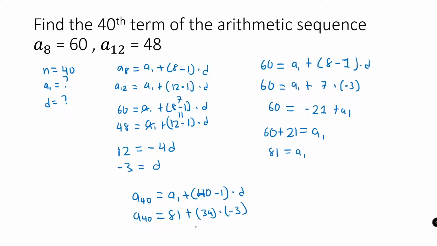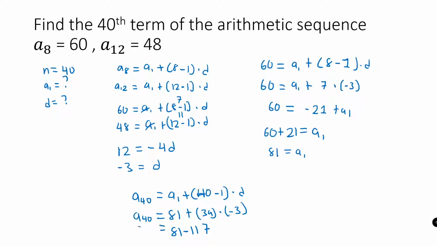So we have to work out what 39 times negative 3 is, which is negative 117, so that takes a while, sorry.